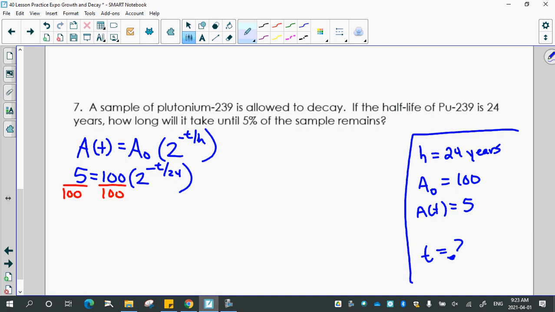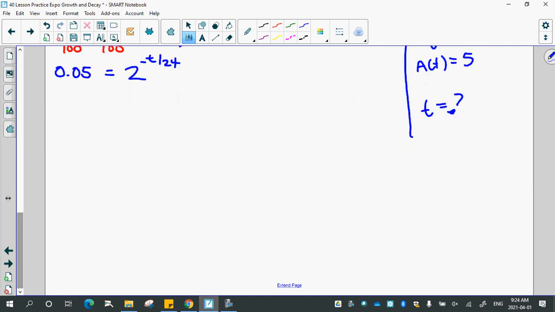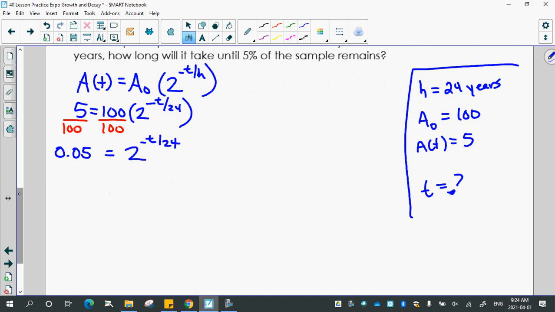And we would get 0.05 equals 2 to the negative t over 24. And then we would have to write 0.05 as 2 to the something. Is everybody good? Two to the something.